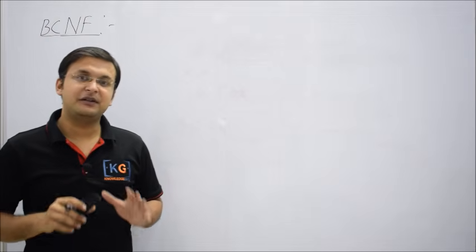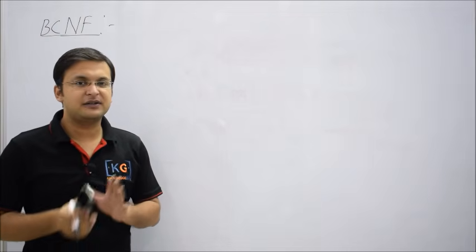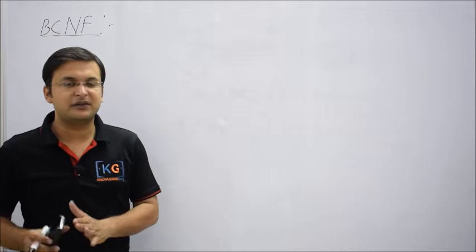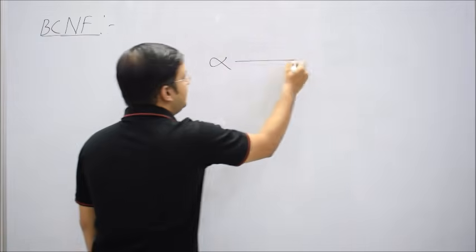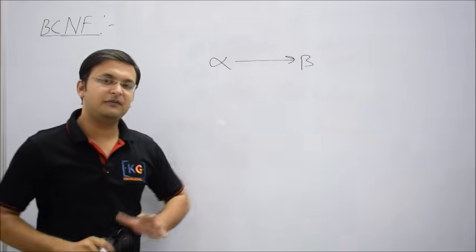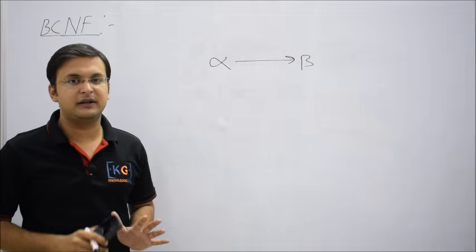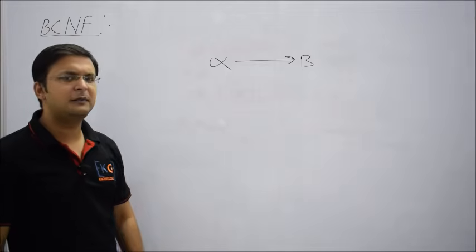Okay friends, now let's understand the basic idea of BCNF. You see, till now I have first discussed second normal form, then I have discussed third normal form. When I say there's a functional dependency from alpha to beta and we are discussing second normal form, then we say that it should not have a partial dependency. Now let me take you back to second normal form. What is partial dependency?